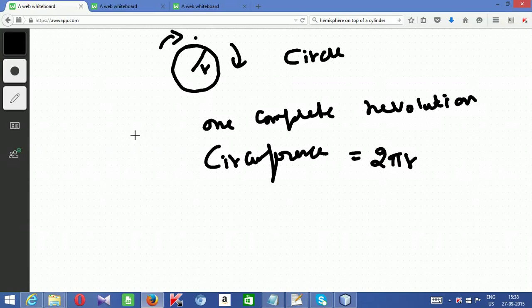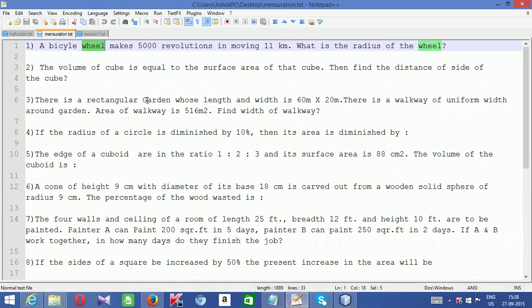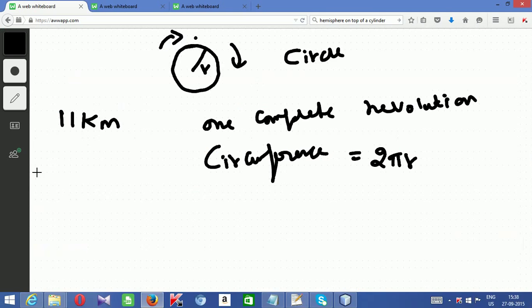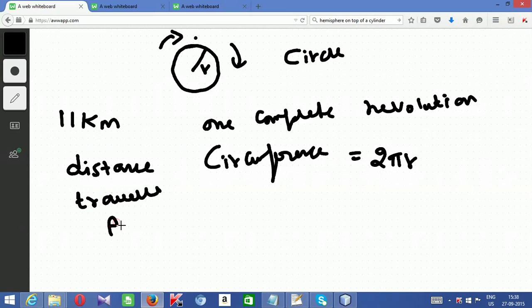Okay, fine. Now coming to the point, 11 km has been traveled in making how many revolutions? 5000 revolutions in moving 11 km. So you need to know the distance traveled for a single revolution.